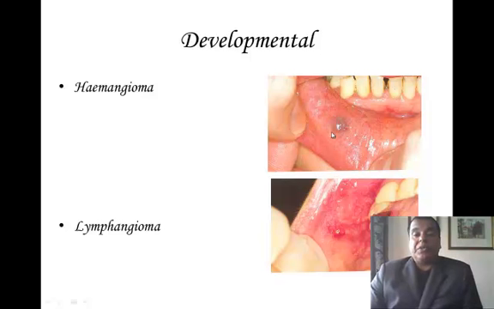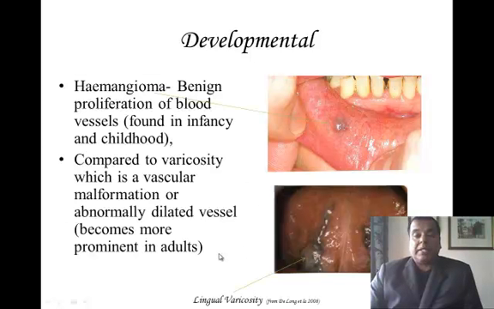These are due to structural deficiencies in the vasculature. In a similar manner, lymphangiomas are a lymphatic related developmental abnormality.